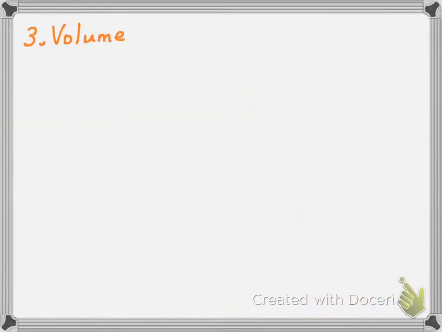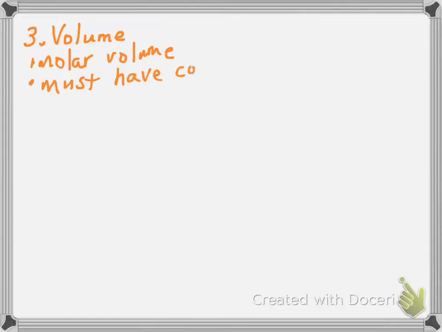The last way we have for measuring matter is by using volume. Again, we have a tool for this one that has a name: molar volume. Remember, to use molar volume, we must have the conditions of STP, standard temperature and pressure. So we have to be at a temperature of 0 degrees Celsius and a pressure of 101.3 kilopascals or 1 atmosphere.